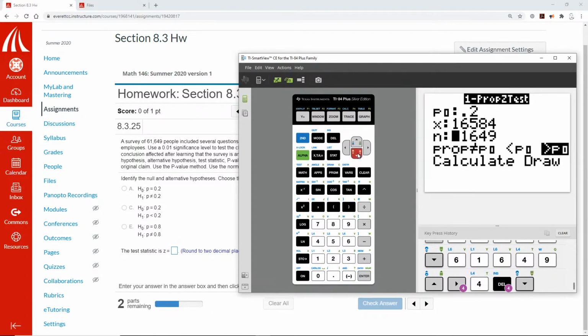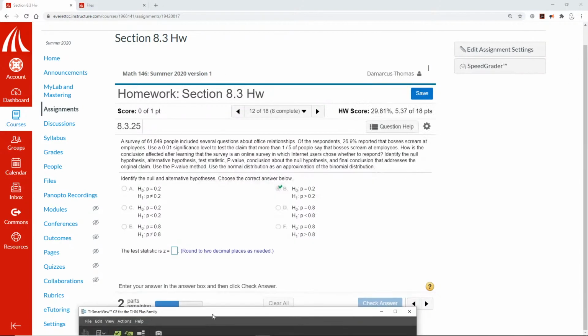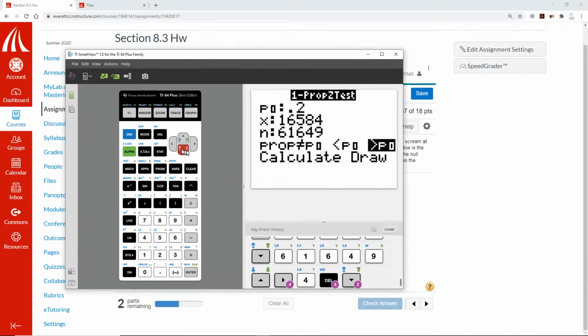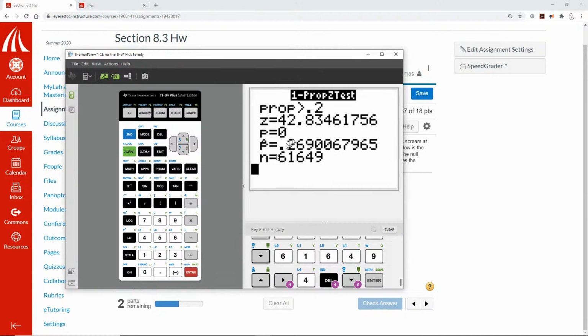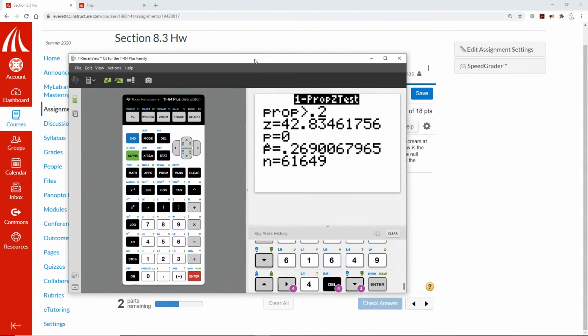And my alternative is greater, so that this prop is greater than p null. Hit calc. Again, our test statistic is great, 42.83.